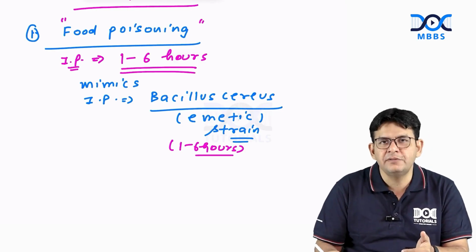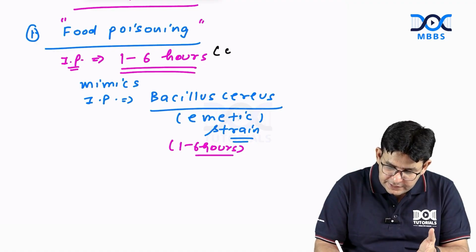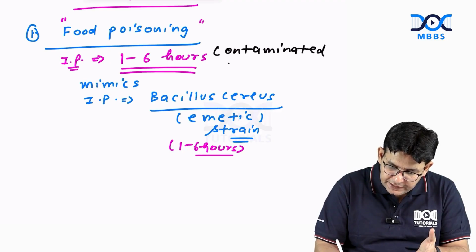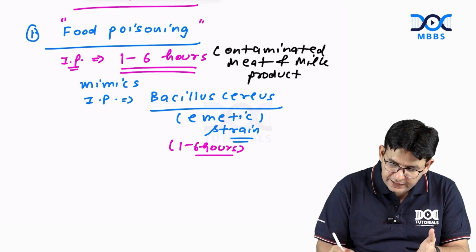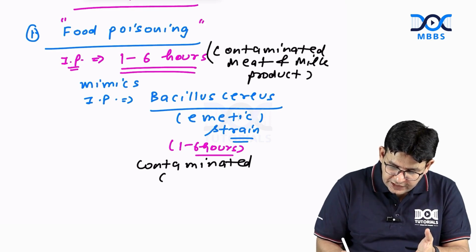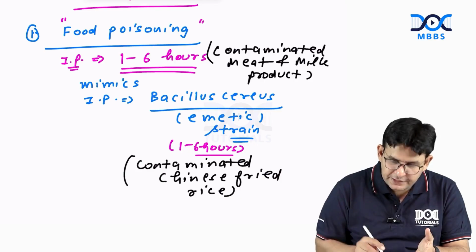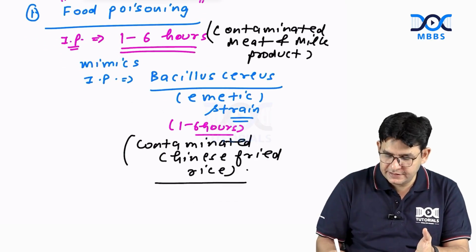The only thing which you have is history, what they have eaten. In this one, the person will say contaminated meat or some milk product. And in the other, it will be contaminated Chinese fried rice.